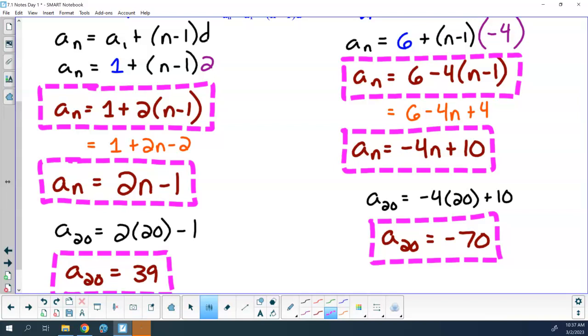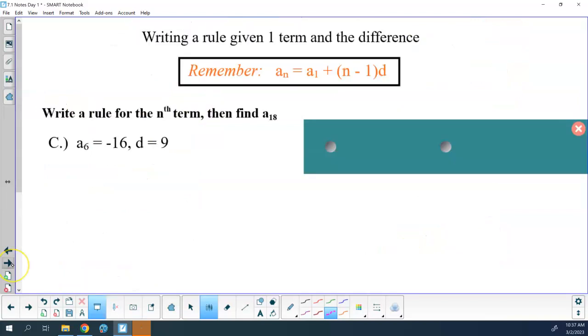Okay. Second style. So now you're going to be given a specific term somewhere in the sequence. You'll be given the common difference. Okay.